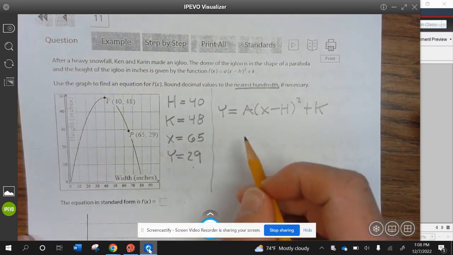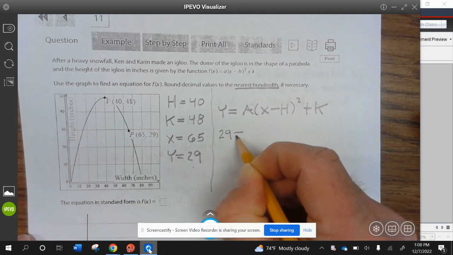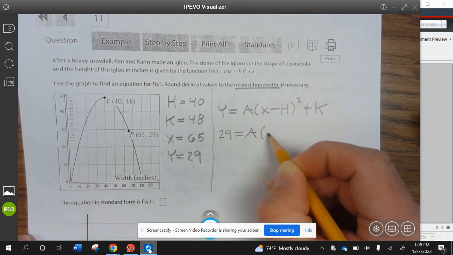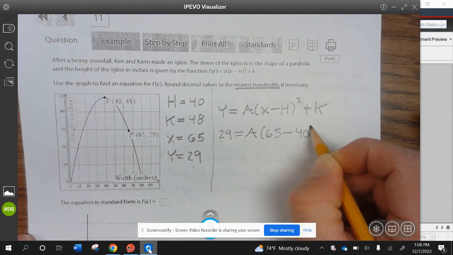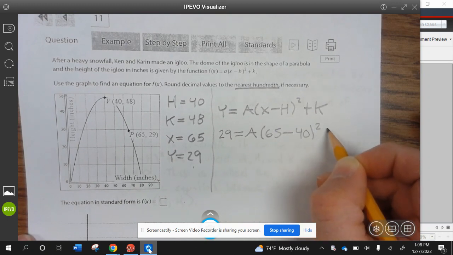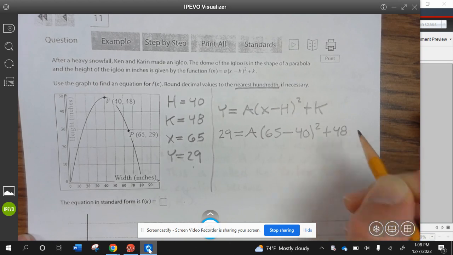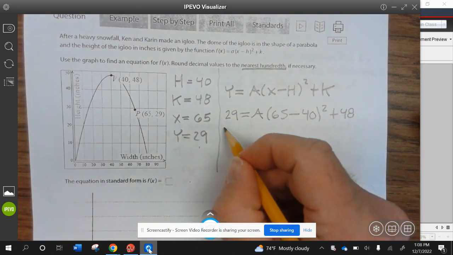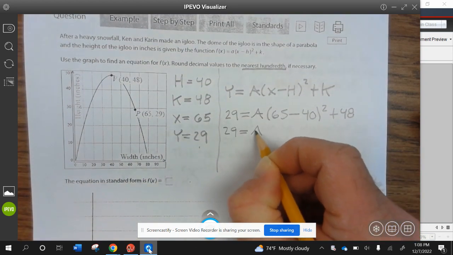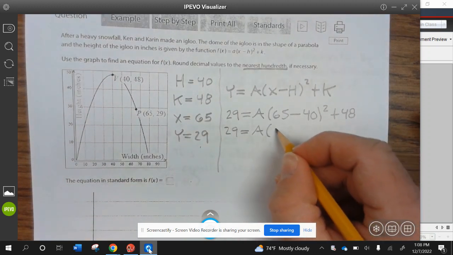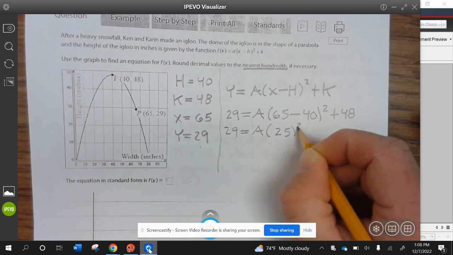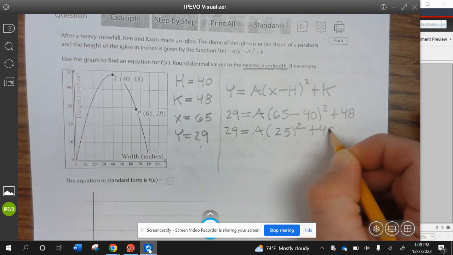Okay, so we're going to plug these numbers in, so that's 29 equals a, parentheses x, which is 65, minus h, which is 40, squared, plus k, which is plus 48. So then that's 29 equals a, parentheses 65 minus 40 is 25, squared, plus 48.